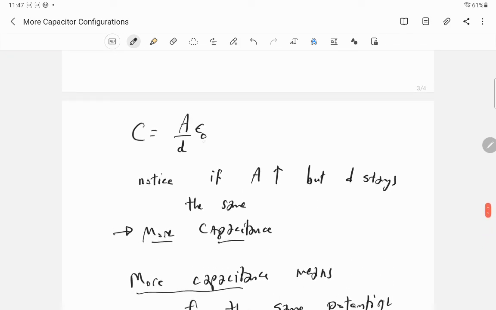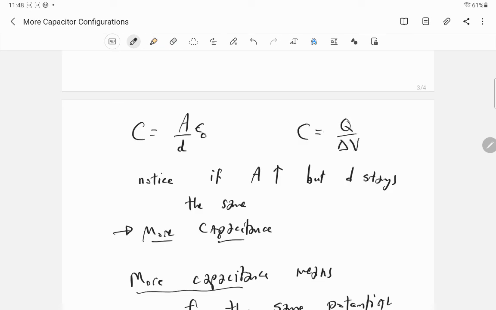So if I was to double A, leave D the same, epsilon naught's a constant of nature that you can't make adjustments to, then the capacitance simply gets doubled. And if you have a doubled capacitance, then the charge you can separate doubles for the same voltage. Okay.